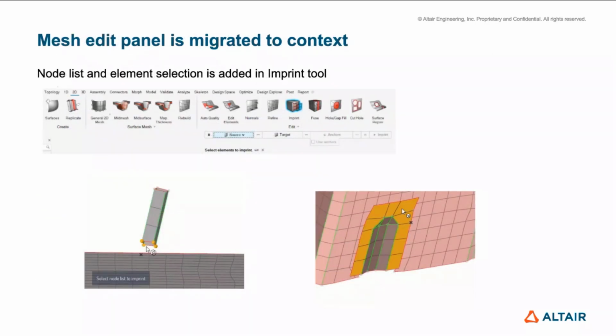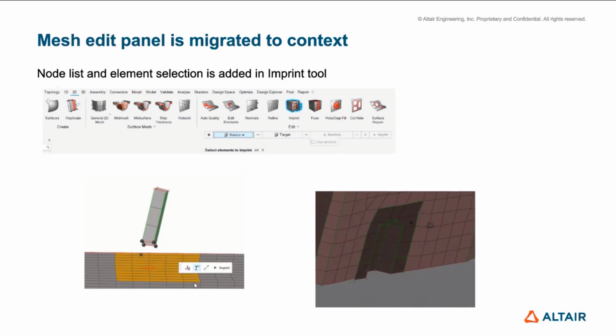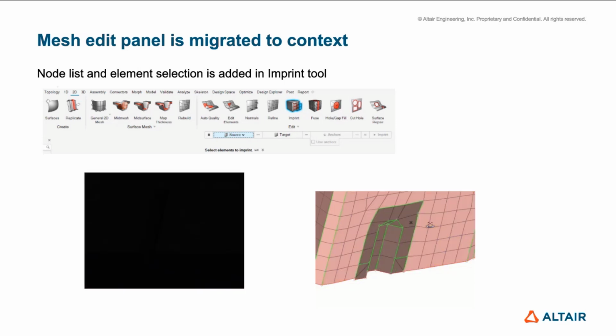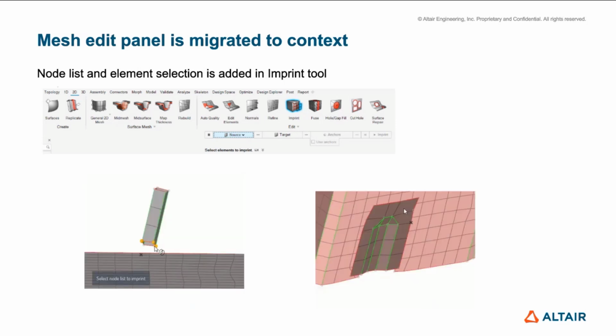We have also migrated mesh edit to the imprint tool, which is under 2D, which was only used for the geometrical imprint. Now we also allow the mesh imprint. Basically, I can select the node list or elements and imprint onto the mesh. It can also be an unassociated mesh or an FE geometry.